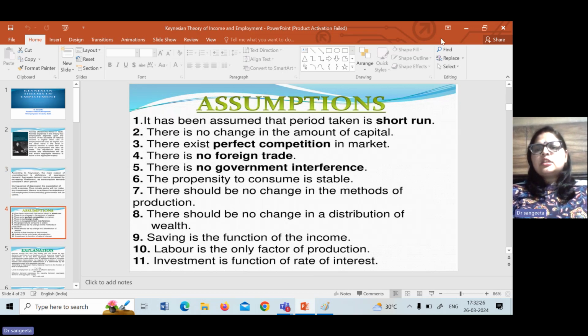So let us discuss the assumptions of this theory. First one is, it has been assumed that the period taken is the short run. He already explained in his book that in the short run period, the situations are dynamic, and we have to solve the problem of unemployment during the short run only, because in the long run we are all dead, and dynamic conditions exist more in the short run period.